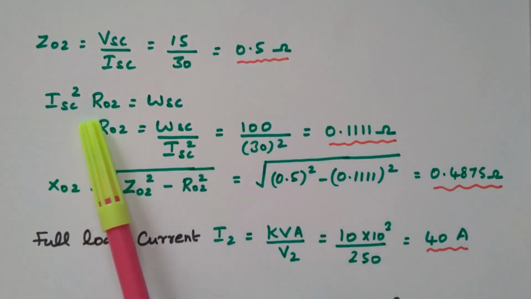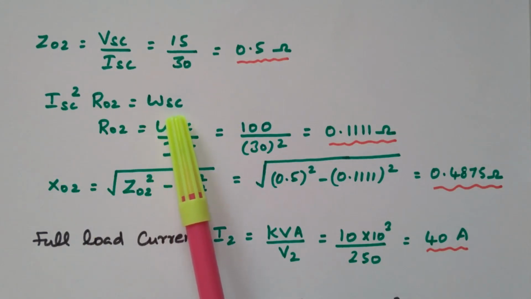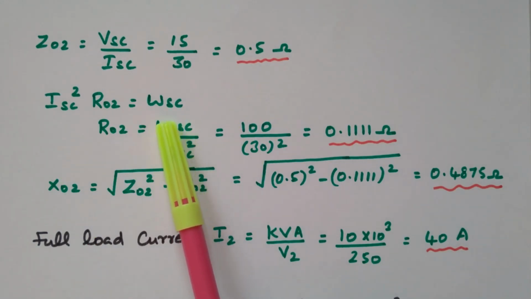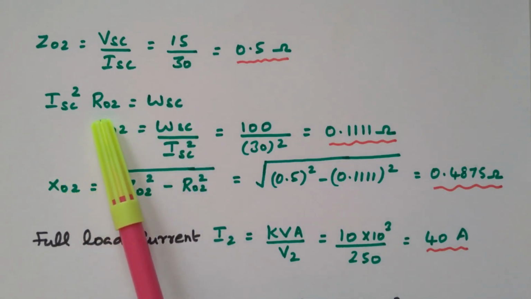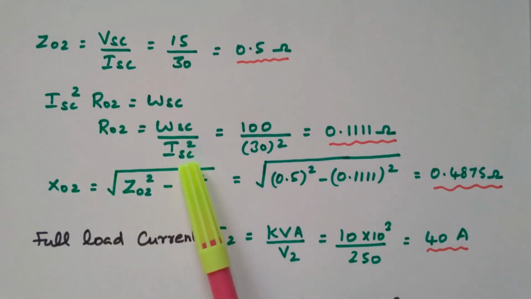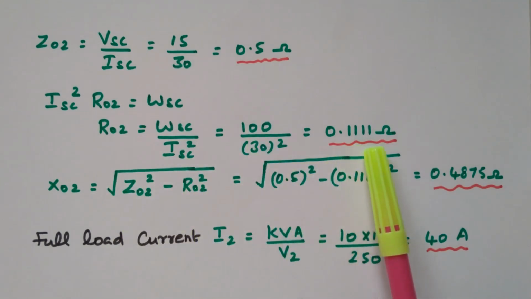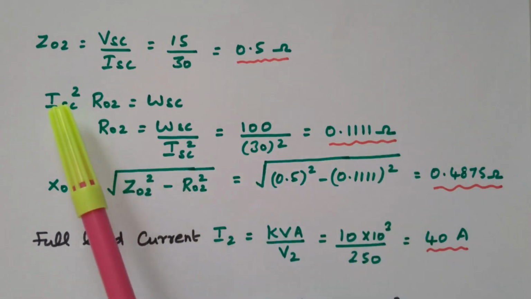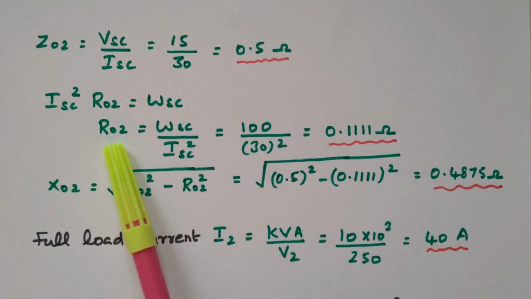Similarly, Isc square into R02 equal to Wsc. The short circuit power, the power reading from the short circuit test, is Isc square into R02 because it is short circuited. From that R02 equals Wsc divided by Isc square. So 100 divided by 30 square, it is 0.1111 ohm. Now we have calculated Z02 and R02.